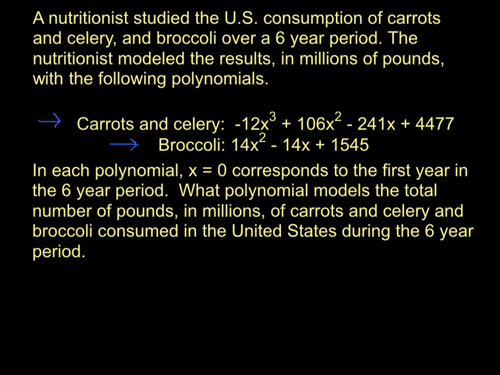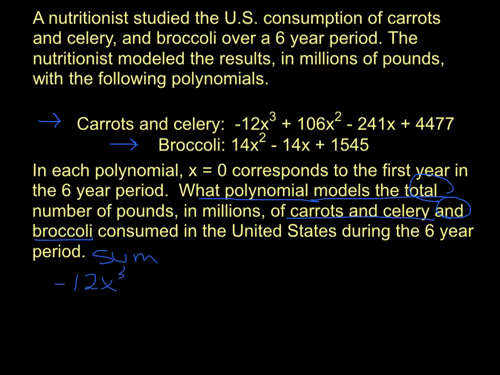The question says, what polynomial models the total number of pounds in millions of carrots and celery and broccoli? So if we're trying to get the total of all of those things, this means we're going to take the sum. We're going to add those two polynomials together.